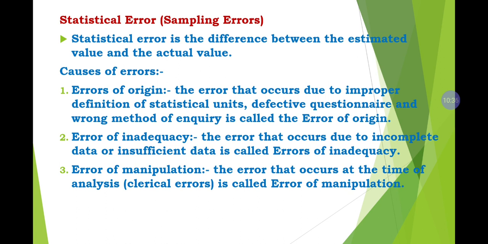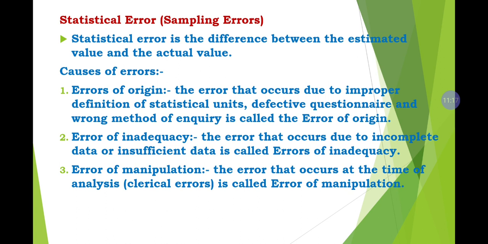Then error of manipulation. The error that occurs at the time of analysis is called error of manipulation. One data I get, but I submit some other data in some cases. For example, recently in a COVID case, one doctor in the north had 10,000 tests per day, but he randomly gave 4 people positive and the other 6 negative.